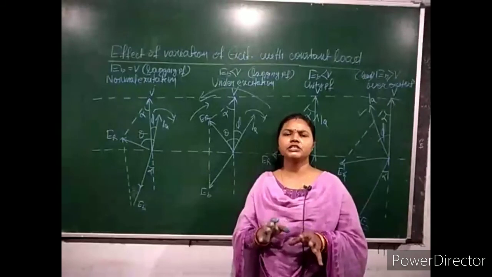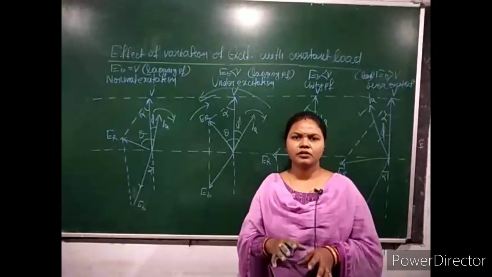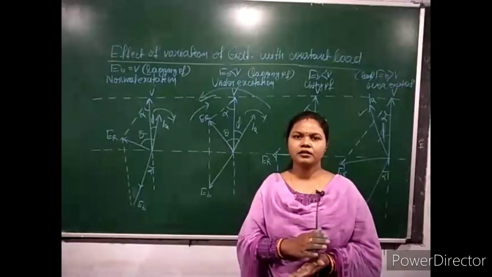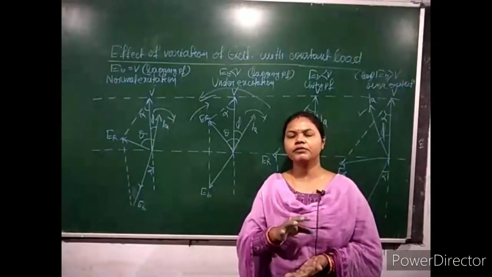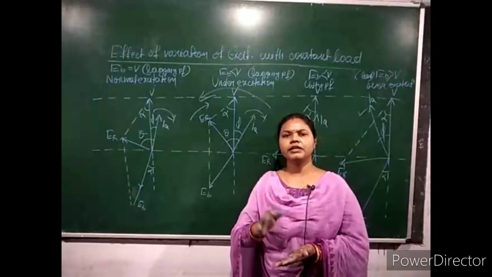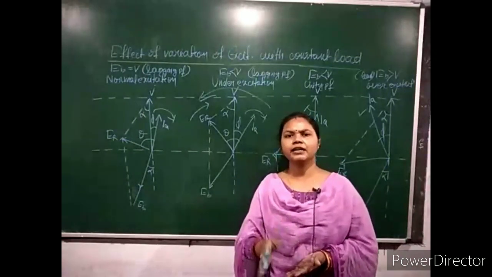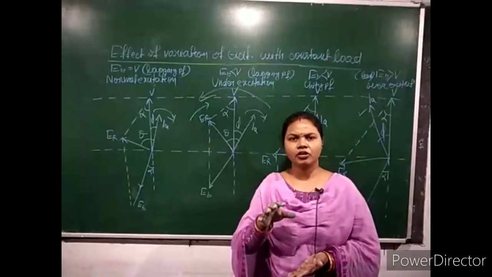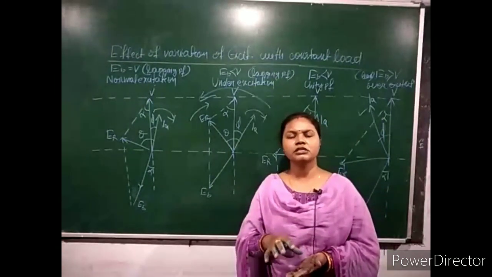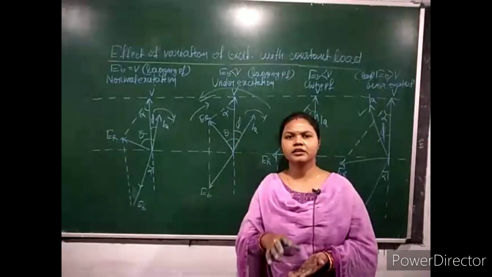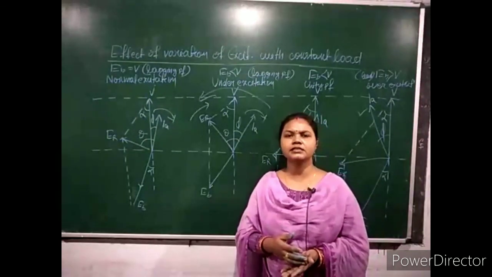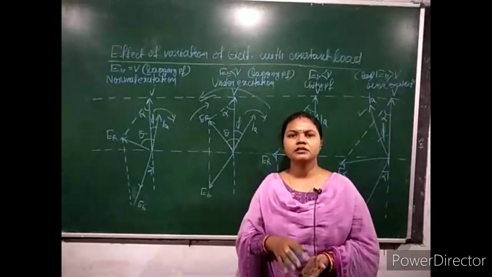And what is the variation of excitation with constant load? And here you are very clear that even if you increase the mechanical load, the motor is always driven at a constant speed known as the synchronous speed. Even though the value of EB decreases or increases, it doesn't affect the synchronous speed.